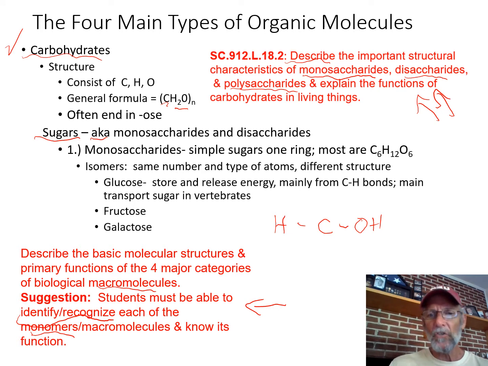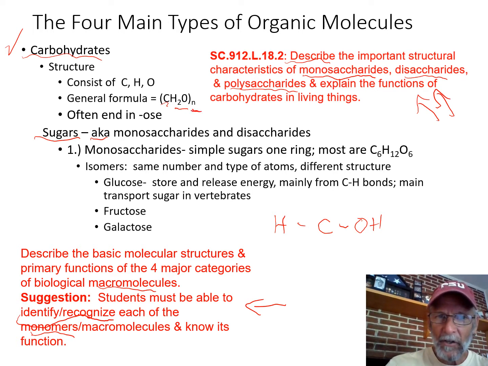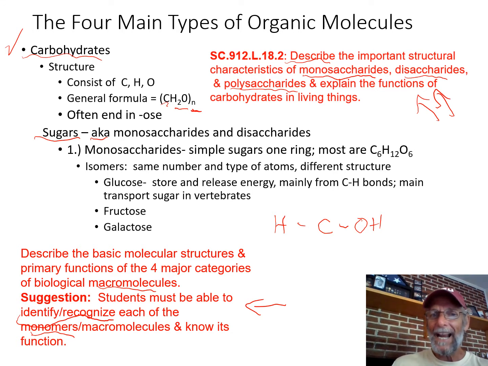This is the heart and soul of a carbohydrate. If you take this and stick a bunch of them together, how many? Well, that's what that N out here refers to. It could be a whole bunch of them. It could be just a few of them. It could be literally tens of thousands of them to make one molecule, or it could be just a few. But this is the heart and soul of a carbohydrate.